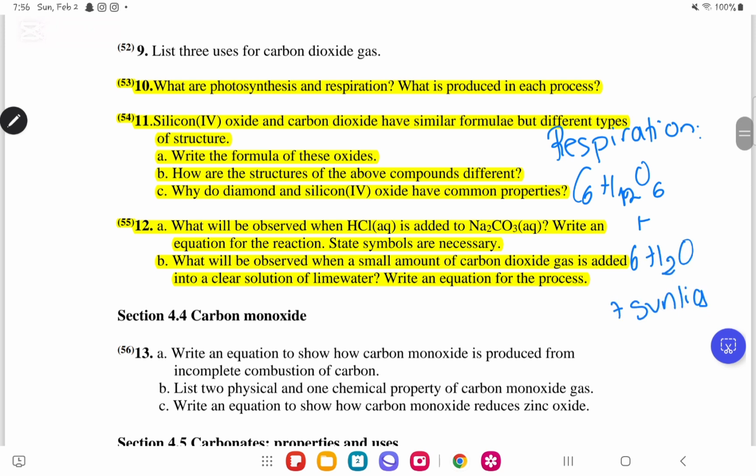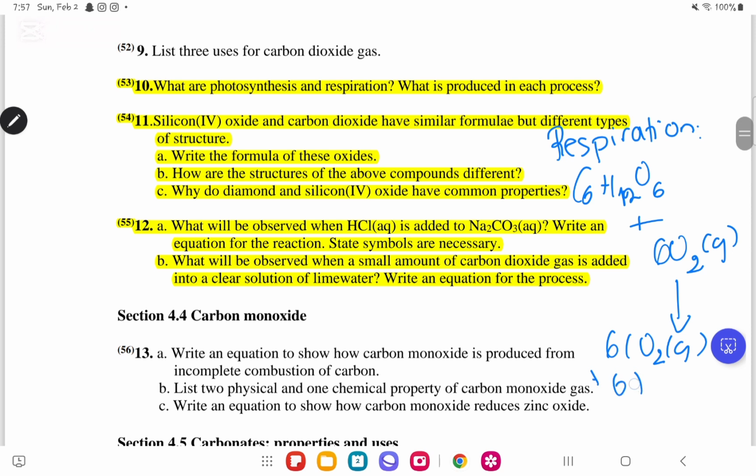Oh, sorry, I mixed up, my bad. It's not the 6H2O. I forgot, oh my goodness. It's C6H12O6. Please, guys, don't make the same mistake as me. Plus 6O2 gas is going to give us 6CO2 gas plus 6H2O plus energy.